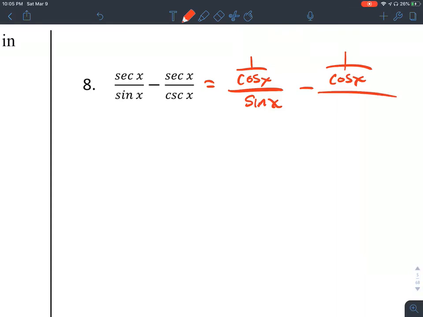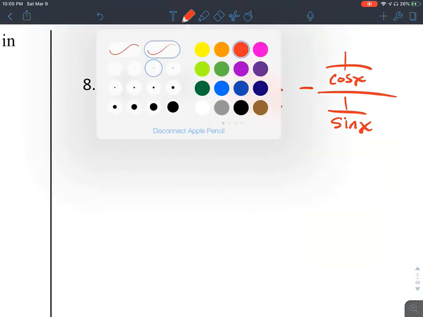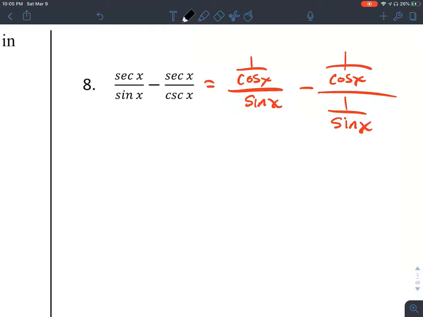I'm going to show you a different way to do this problem also. I don't like how I started it. Cosecant of x is the same as 1 over sine of x. So maybe don't write this down. I know you already started to, but I'm going to show you how this could be simpler. But I want to show you the long way in case you don't understand the shorter way.